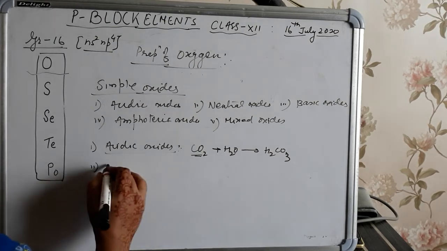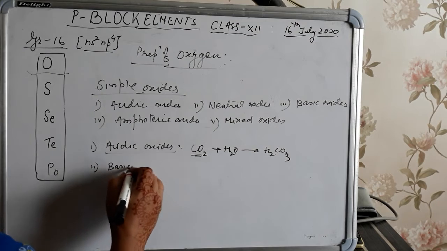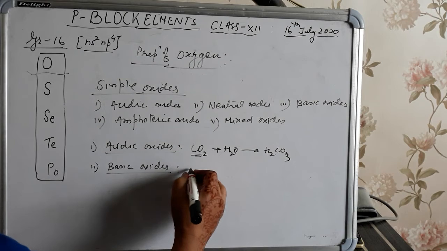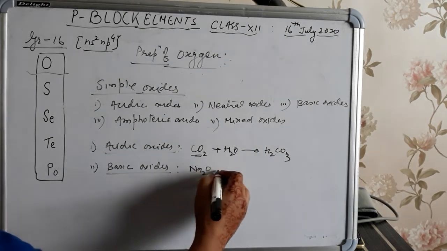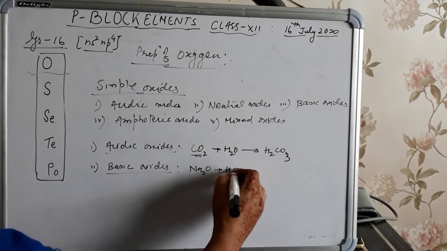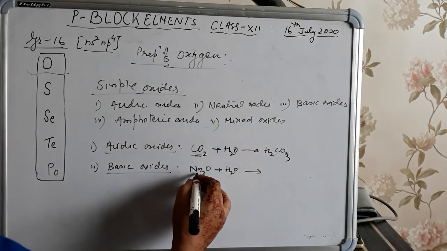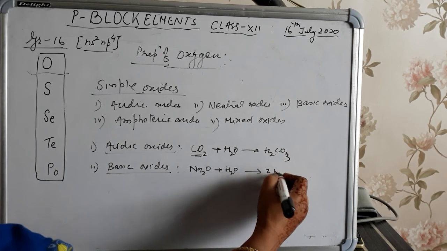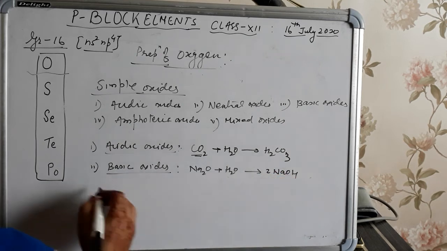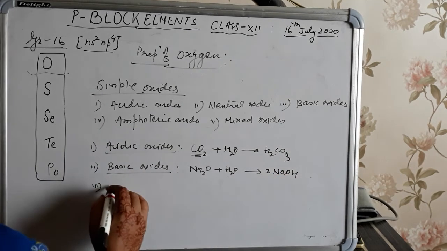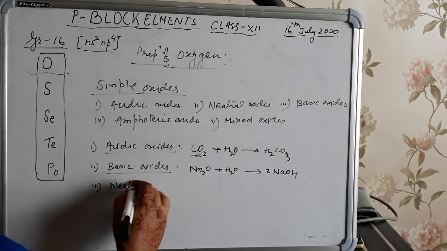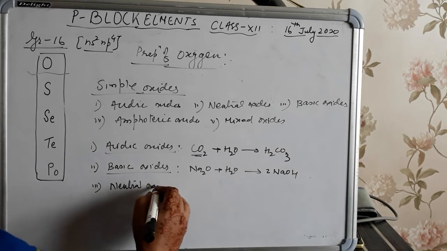Next one is basic oxide. Obviously a metallic oxide is known as a basic oxide because when a metallic oxide is dissolved in water it will form a base. Number 3, neutral oxides.